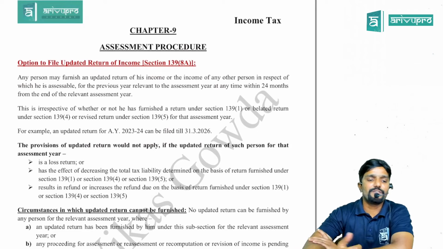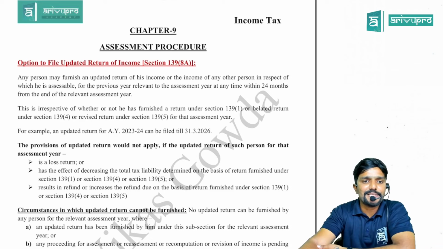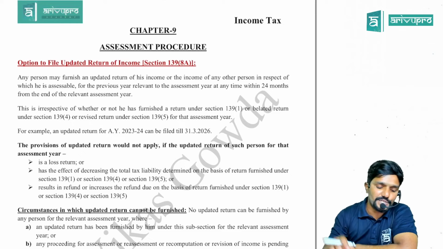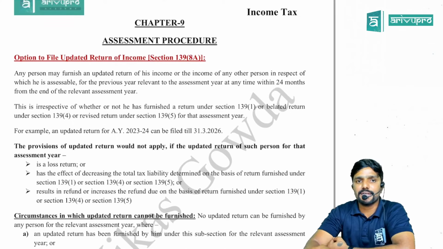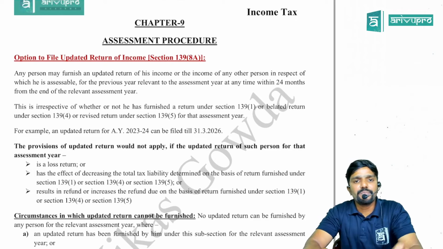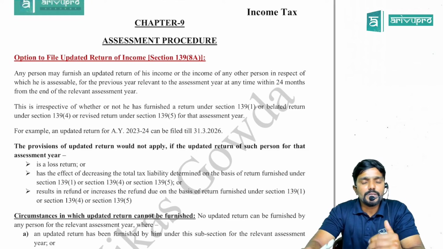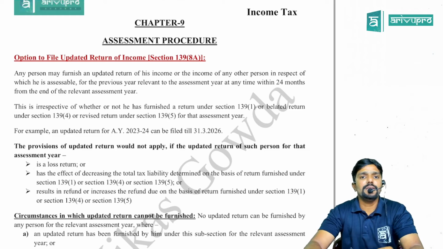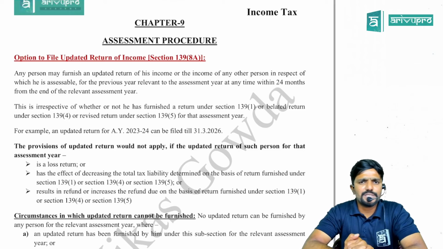Here there are a few changes with respect to December 2023 exams. What is it? We will see. Chapter 9, assessment procedure. There is a new concept which has been introduced called updated return, guys. See, previously the revised return and belated return and all were already there. So when can I file the revised return? See, the return has to be filed within the due date, guys, including loss returns.